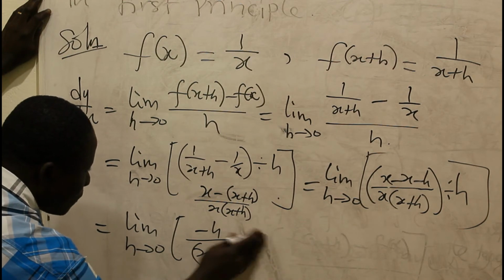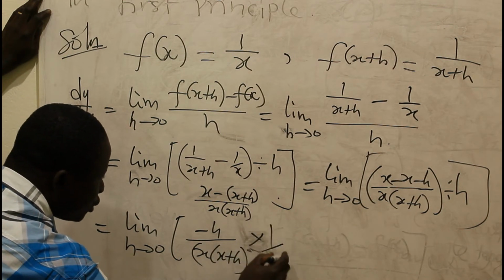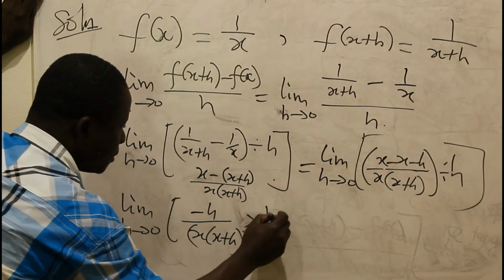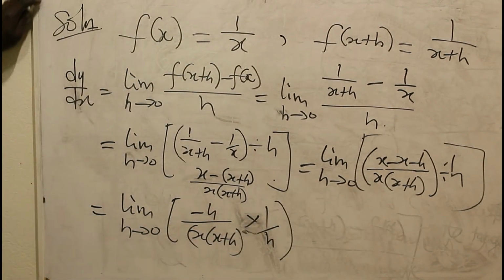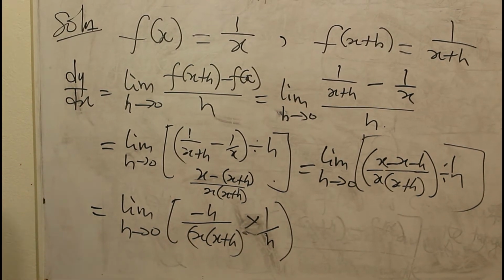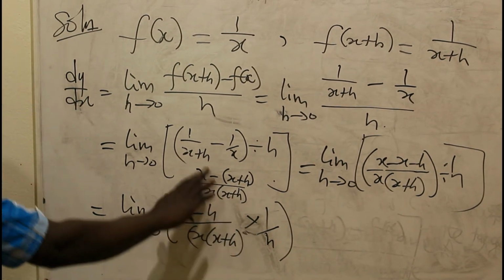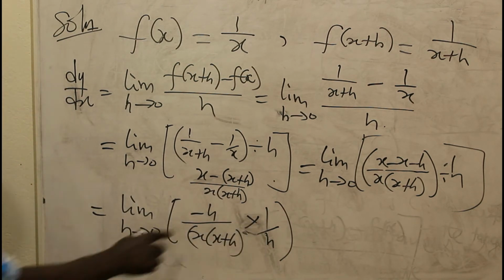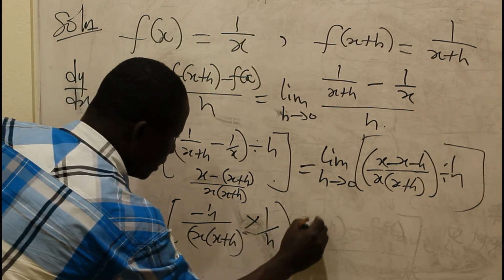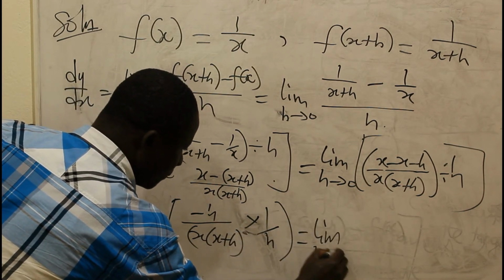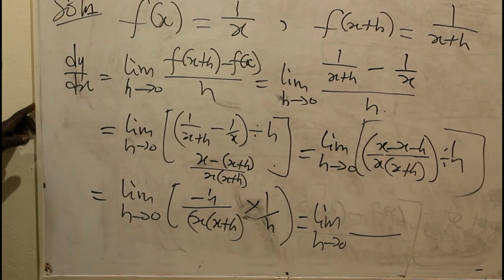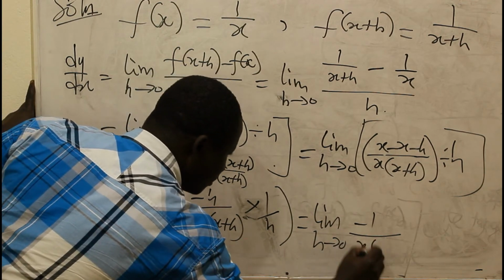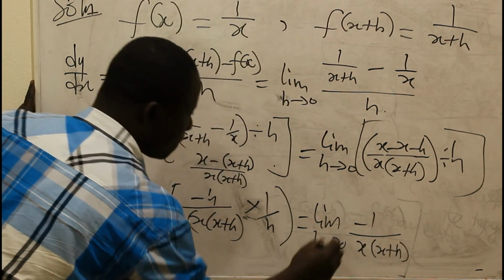Then when you turn that one to multiplication, it will be 1 on h. And by our algebra, still as h approaches 0, it is undefined, because the whole thing will be undefined, so they will cancel. h will cancel h, and it will be limit as h approaches 0, the numerator is now negative 1, and the denominator is x into bracket x plus h.